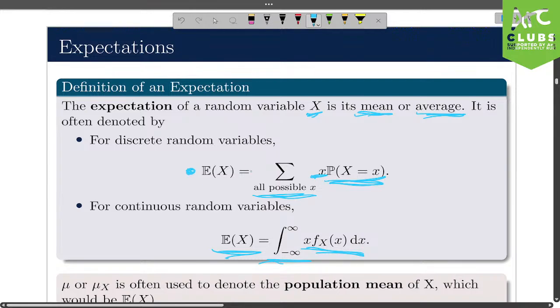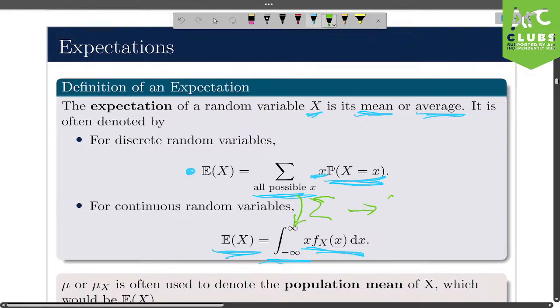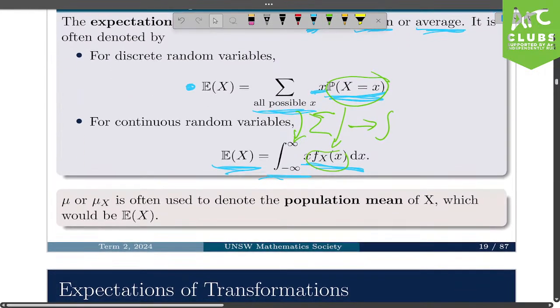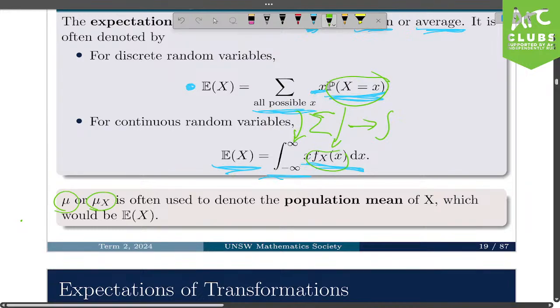Note that when we go from discrete to continuous, sums change into integrals, and probability functions change into density functions. We often write the expectation value of x with the symbols mu and mu sub x. Sometimes I'll write E[X] equals mu.